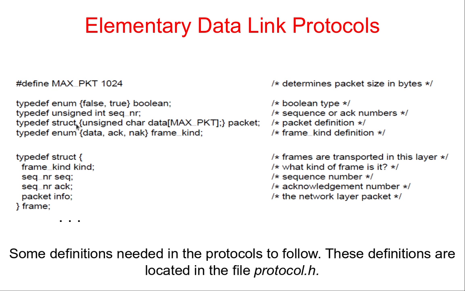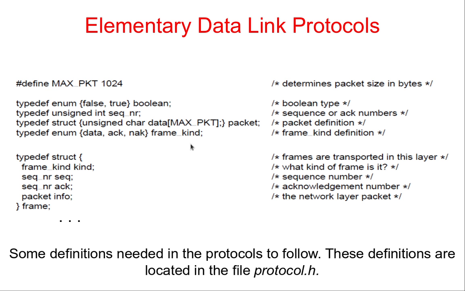Next a packet structure is defined, which has an array of unsigned character type. Next we define a frame kind: what type of frame will it be? There may be a frame containing simple data, there may be a frame for acknowledgement, and there can be a negative acknowledgement as well.